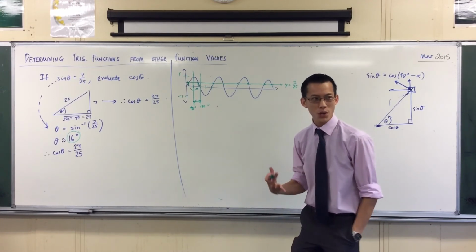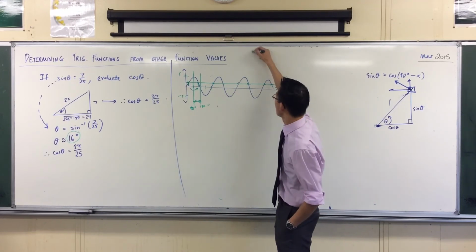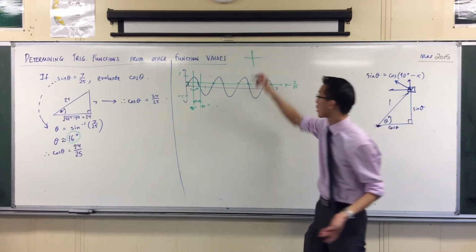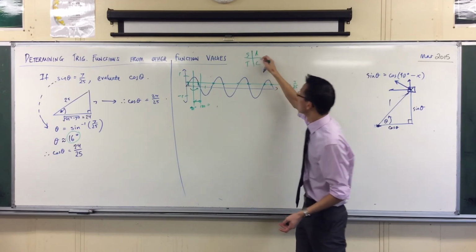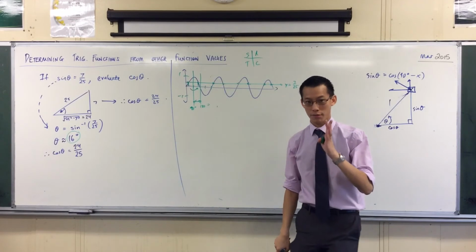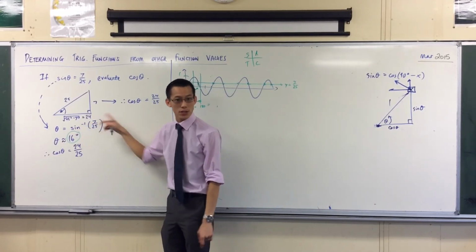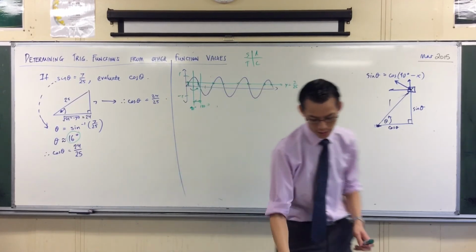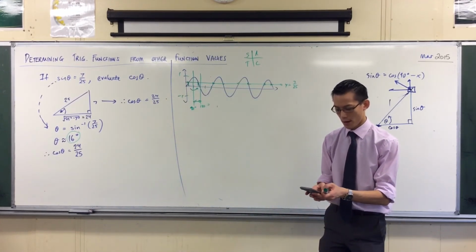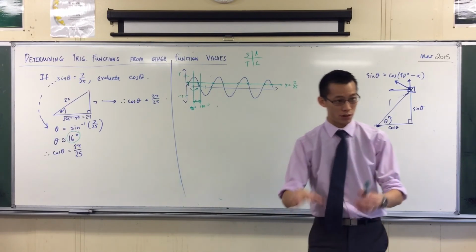But what does cosine do when theta is obtuse? If you can either mentally draw it, or you can think back to this graph, what's it doing? It's negative, isn't it? It's negative, okay? So to verify this, let's do this actual number. Go back to when you did sine inverse of 7 on 25. Punch that back into your calculator, and you'll get that familiar 16.26 whatever.